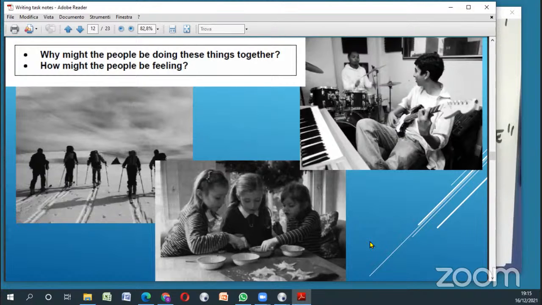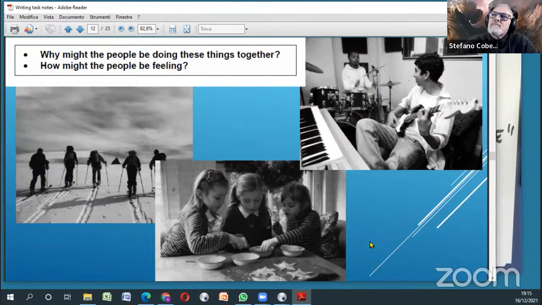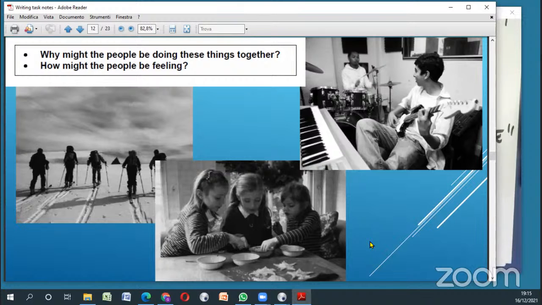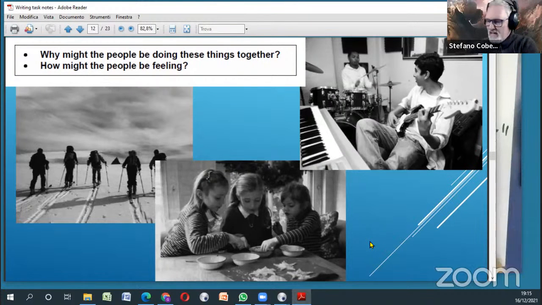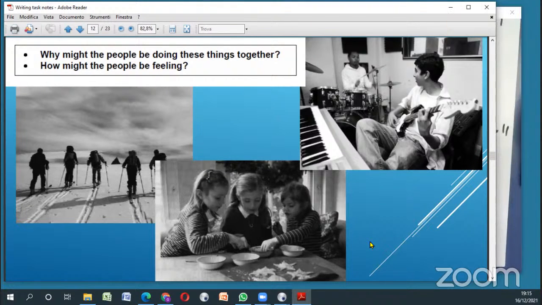I think they could have a music band, so they are practicing for some event. Okay, so they are practicing together, and they seem to be happy. I think they are enjoying the music, and they have a feeling in doing this, and they seem to be... I don't know how to say.